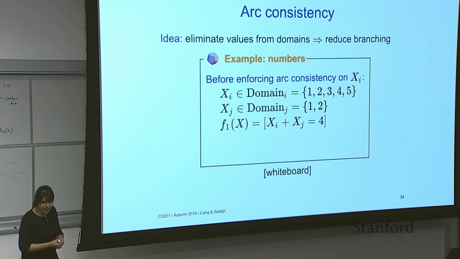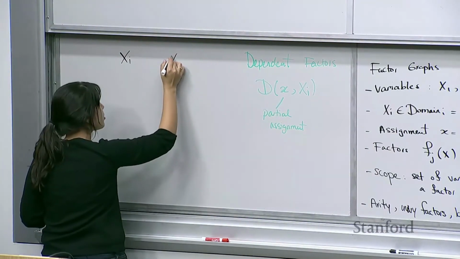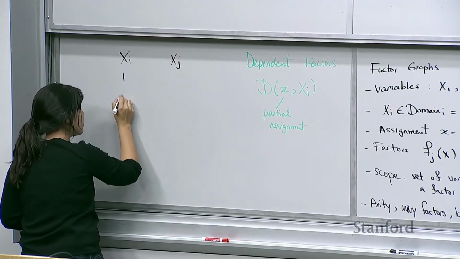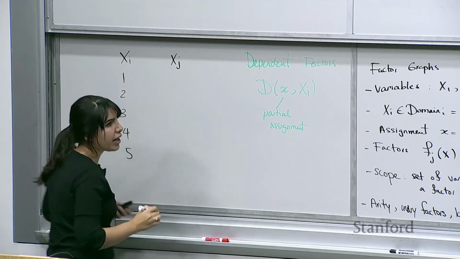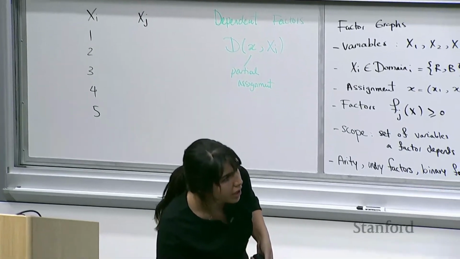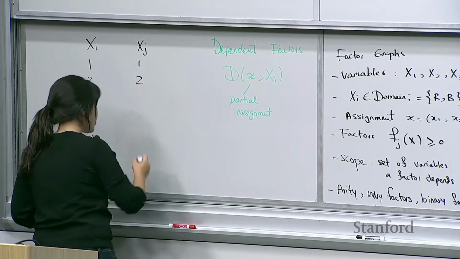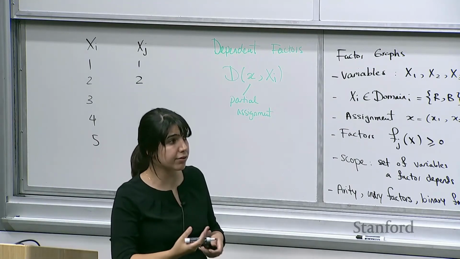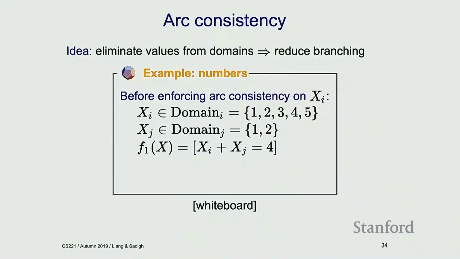Okay, so here's an example. I'm looking at xi and xj. The domain of xi is 1, 2, 3, 4, and 5, and the domain of xj is 1 and 2. Now I have a constraint: xi plus xj is equal to 4.